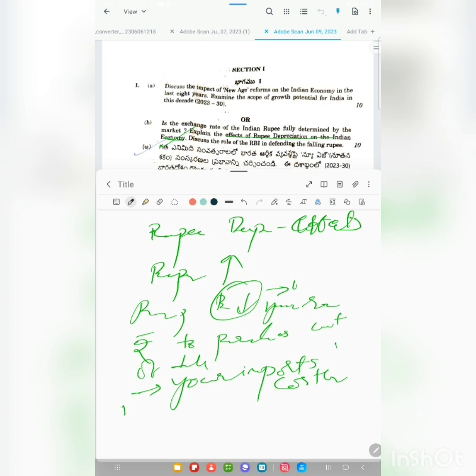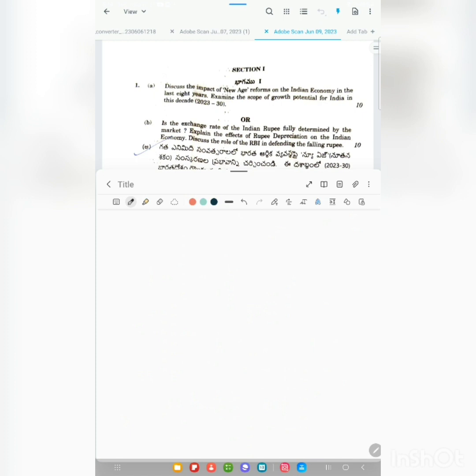As a result, fuel, gold, natural gas, fertilizers, and electronic goods become costlier. Similarly, what are the other effects of rupee depreciation? The exports: how will it have an impact on exports?